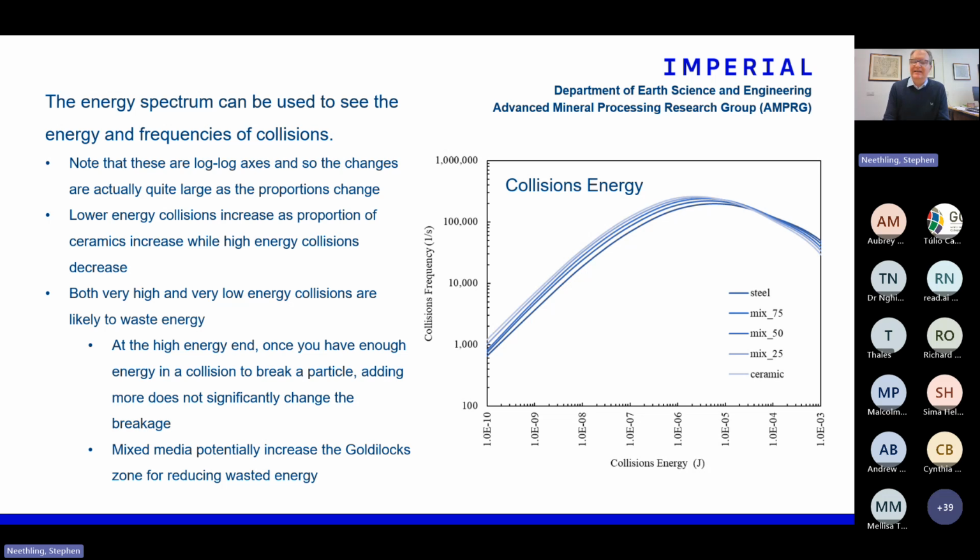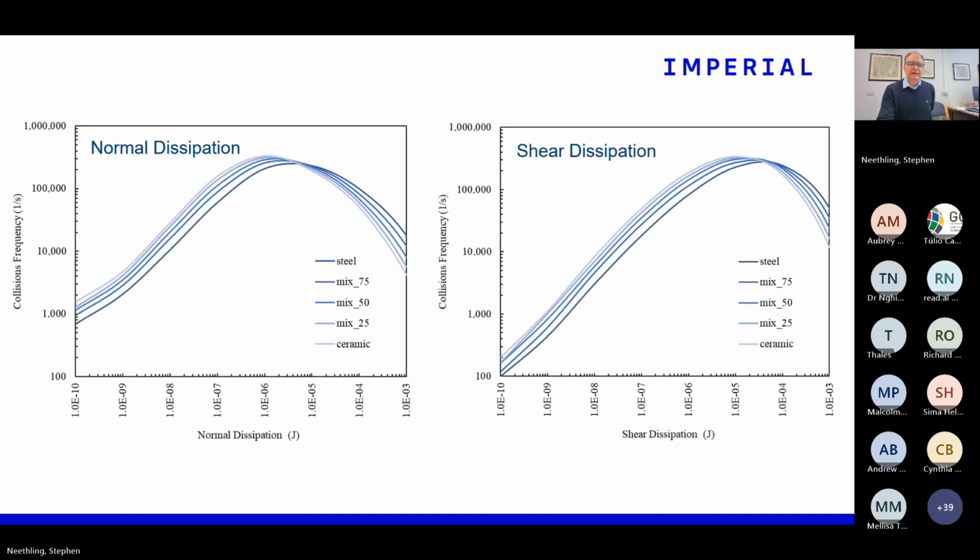Very high energy collisions are likely to waste some of the energy in them, and very low energy collisions are likely to waste energy as well. We're probably adding more of our energy into the region where more breakage will actually be occurring. And we can also, from these simulations, extract both components of the collision energy, so both the normal dissipation and the shear dissipation.